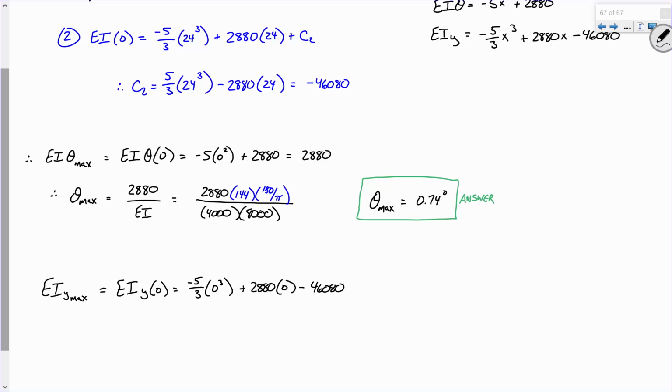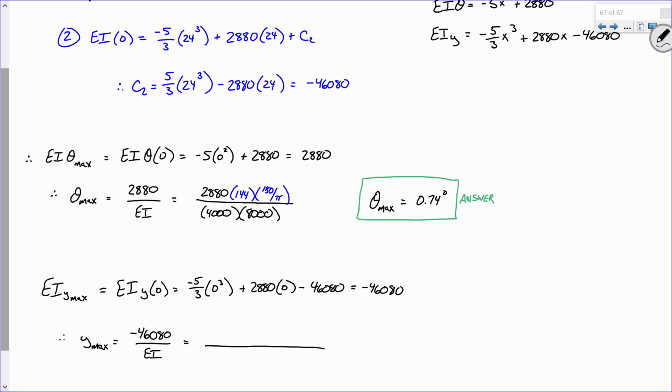Make sense? So that's minus 46,080, because everything else is times 0. So I propose that Y max is minus 46080 over EI. And it's minus because it's deflecting downward.